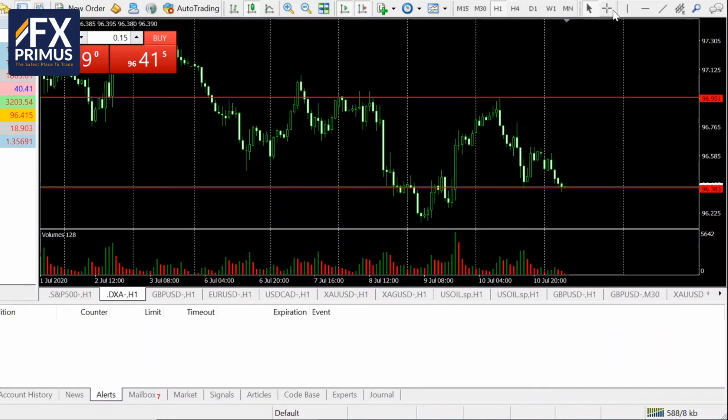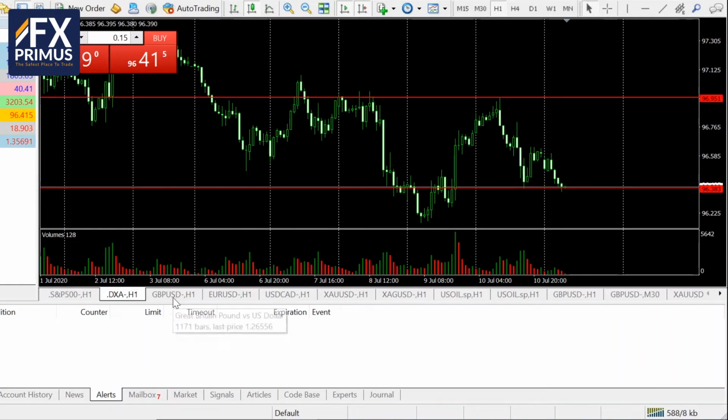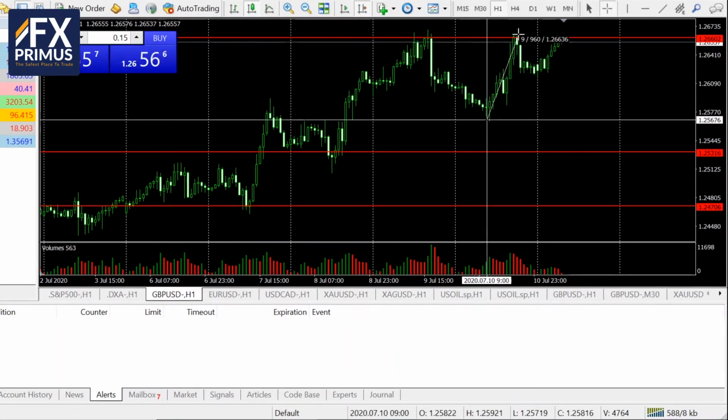So, if the US dollar index shows us that the US dollar is weakening, then we should also see the UK pound, which is traded against the US dollar, to be strengthening over the same period of time.